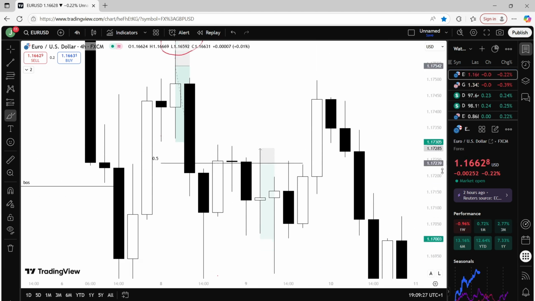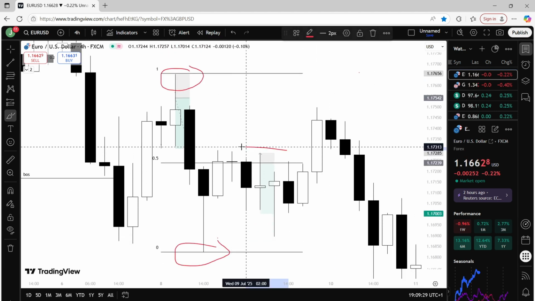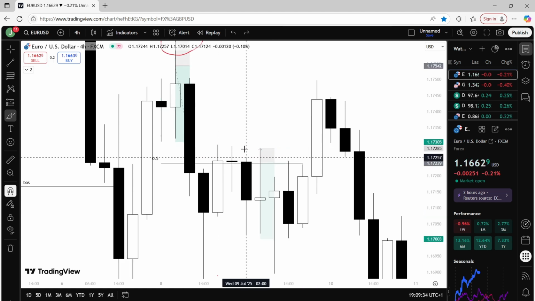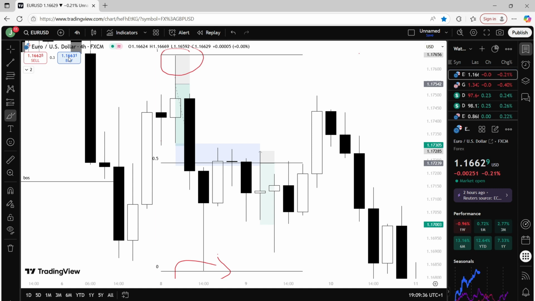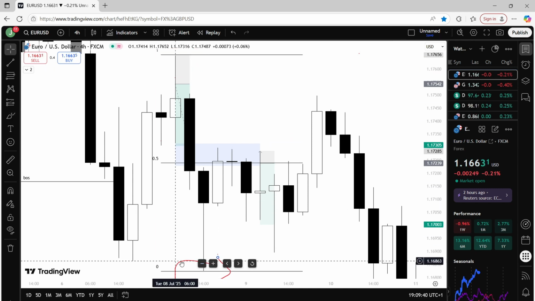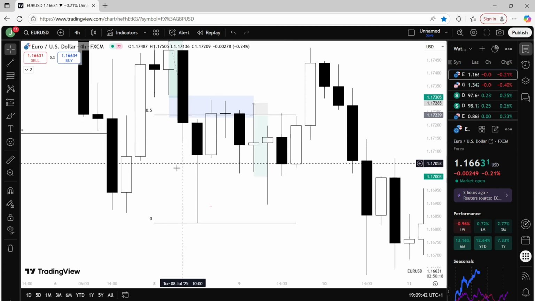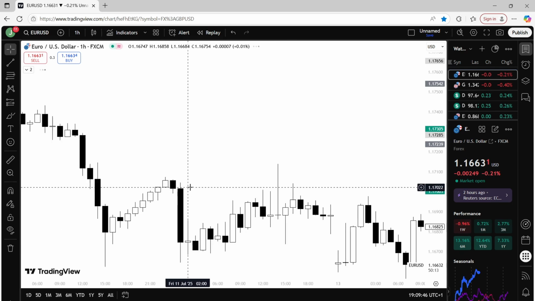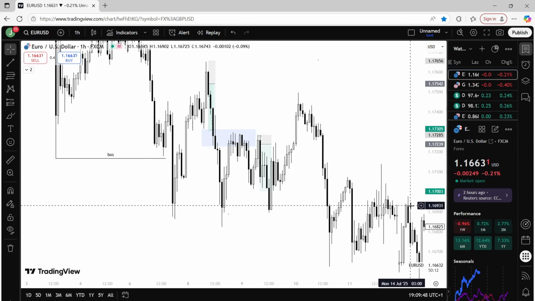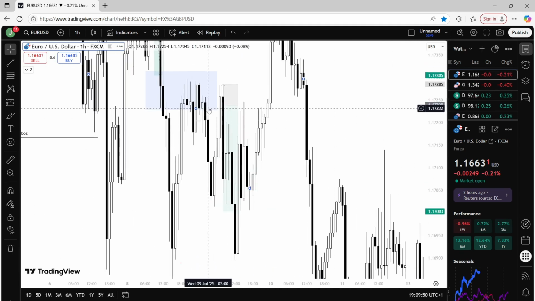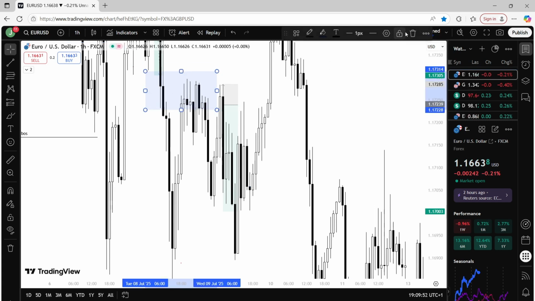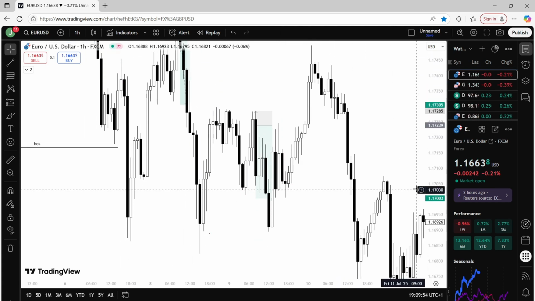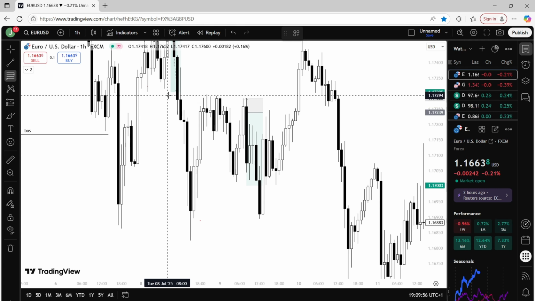Now price has come up within premium, just above 50% of these wicks. There's also premium of a 1 hour range, quite deep premium of a 1 hour range. So if this is the 4 hour, I go to the 1 hour. It's very, very deep premium.